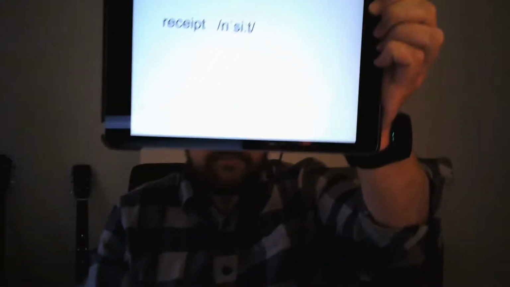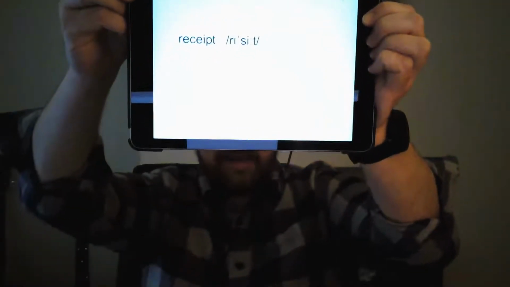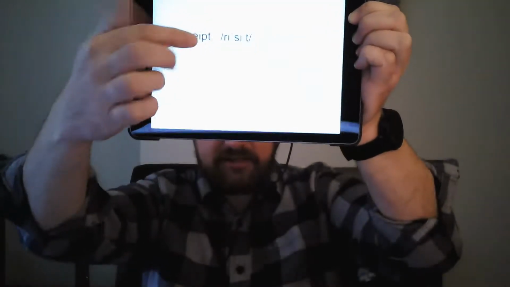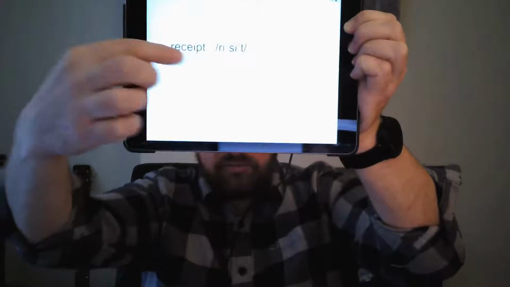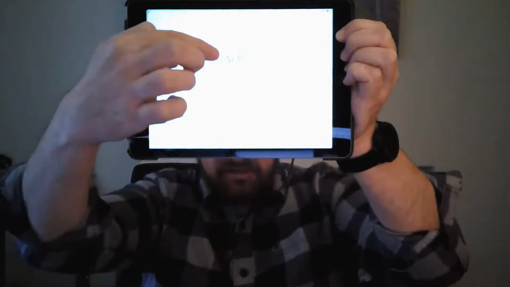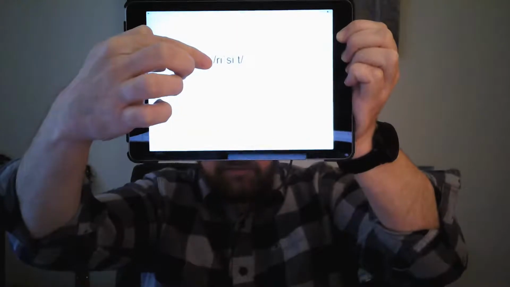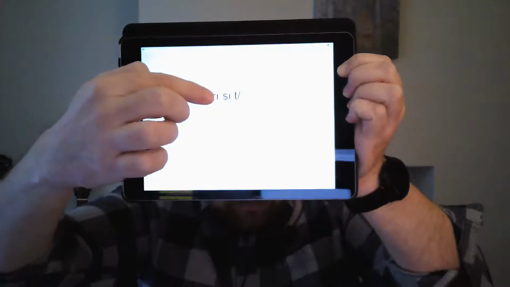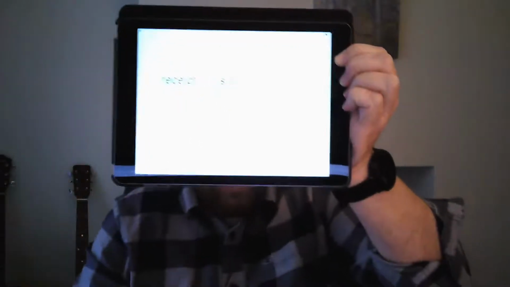Okay, so let's have a look at the next word. Again, a classic one that students sometimes have difficulties with, but if you can see the phonemic spelling, then it makes it so much easier. So there's the word there, and it's receipt, receipt. So we can see here the stress. First of all, we have a short vowel sound, and then second of all, we have a long vowel sound.